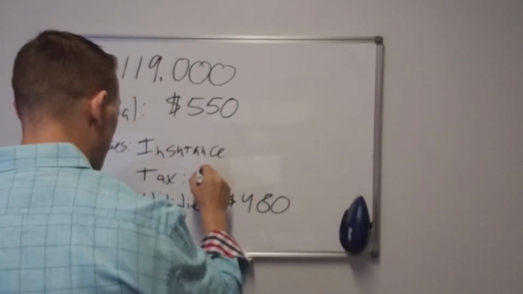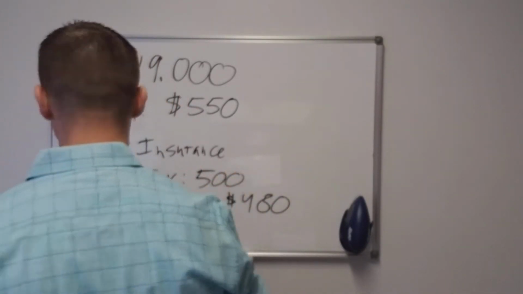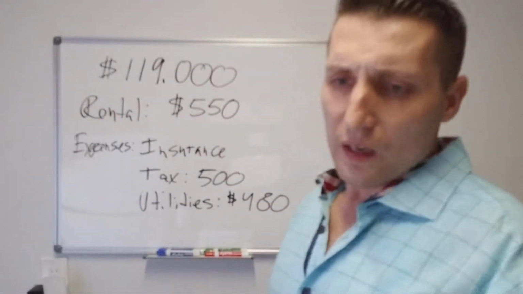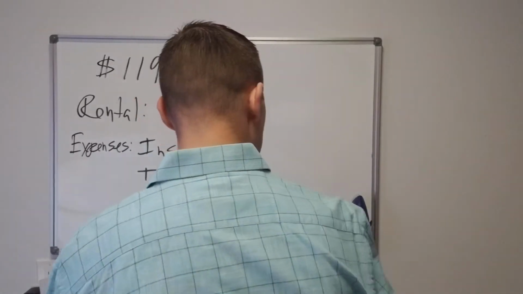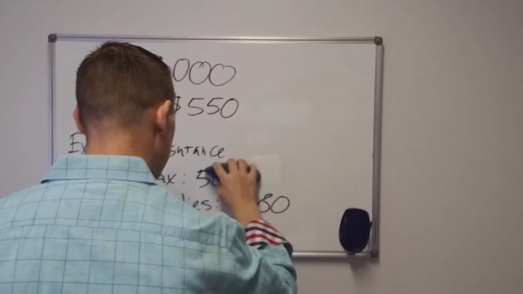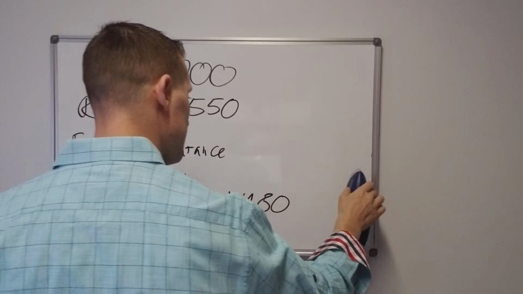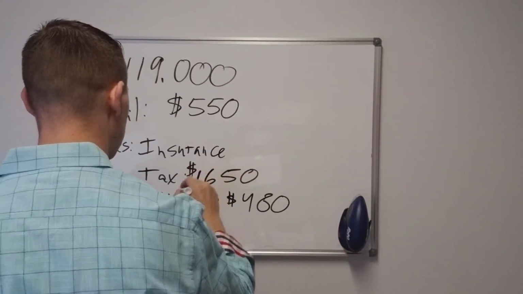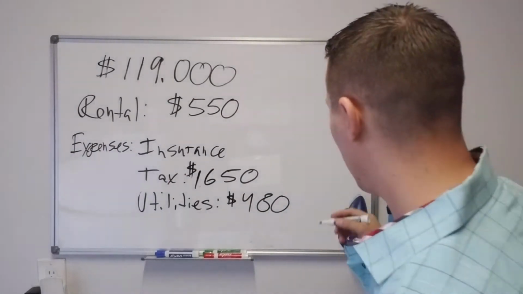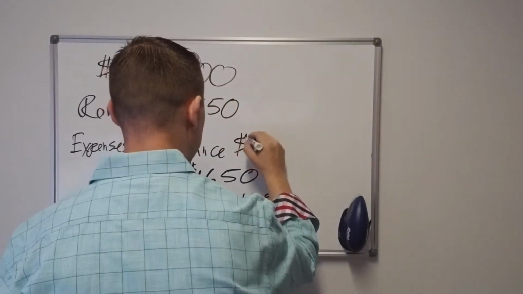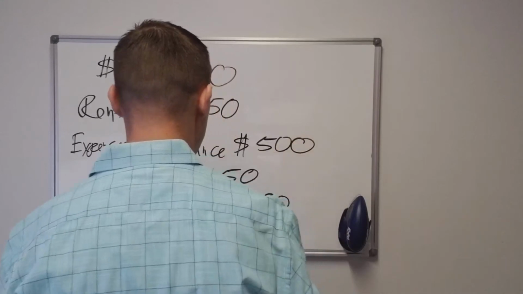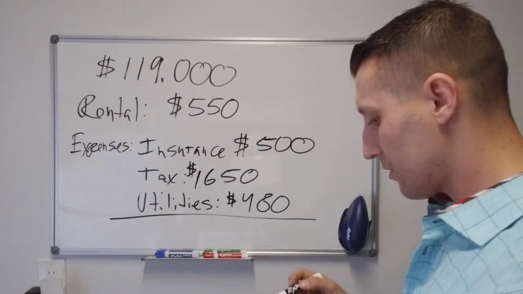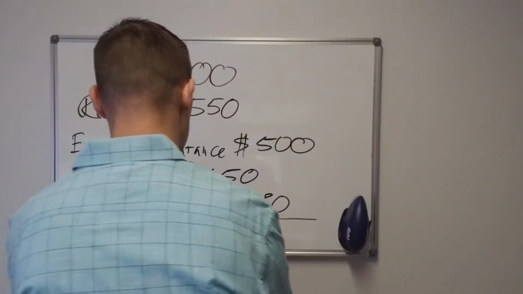Taxes were, if I remember correctly, $500, and insurance was... taxes were $1,650. So the taxes are $1,650, and insurance we have is $500. Okay? All right. Now the total gives us $216 per month.